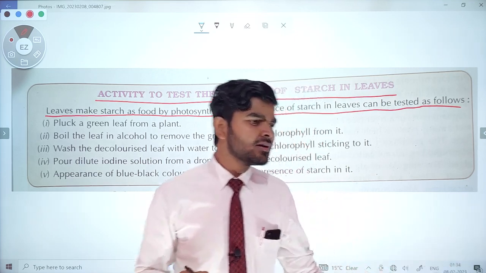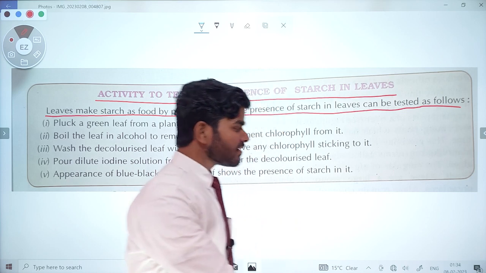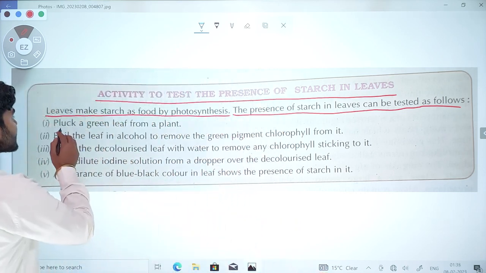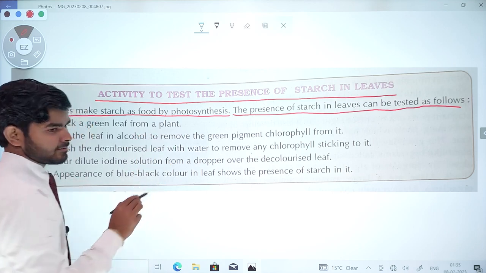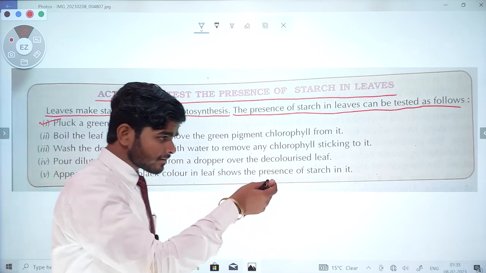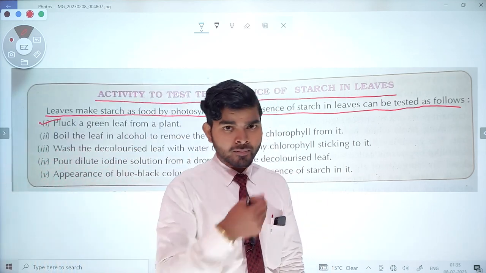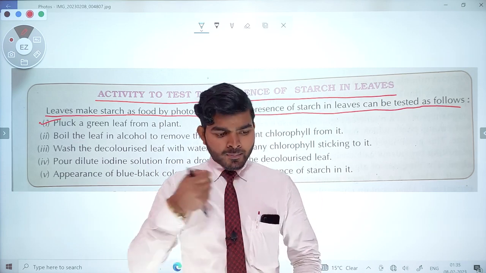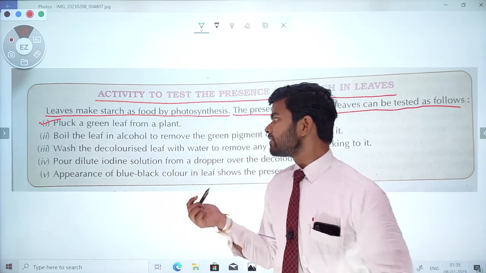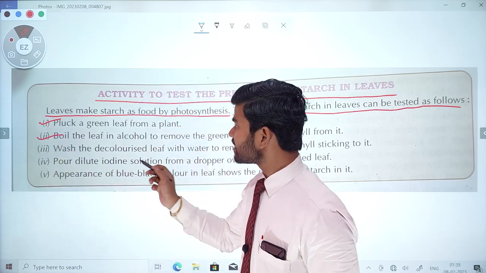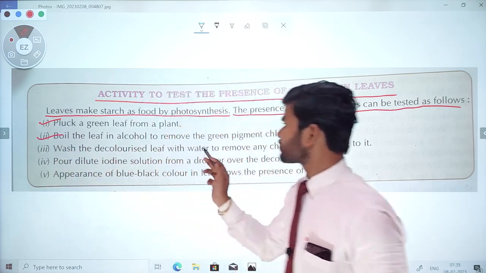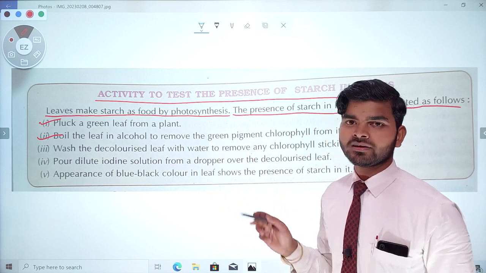The first step is that you pluck a green leaf from a plant. Simply, we will cut a leaf from the plant. The next step is that you boil the leaf in alcohol to remove the green pigment.